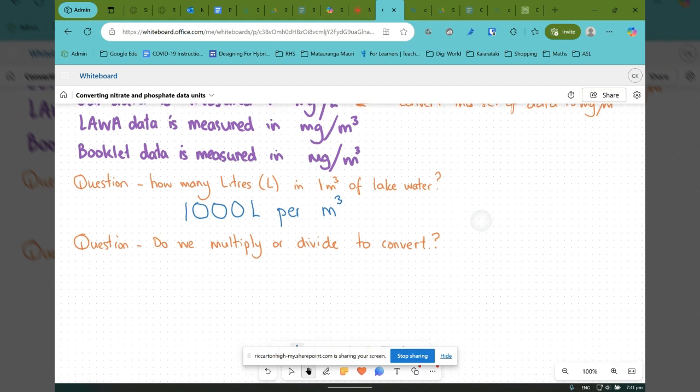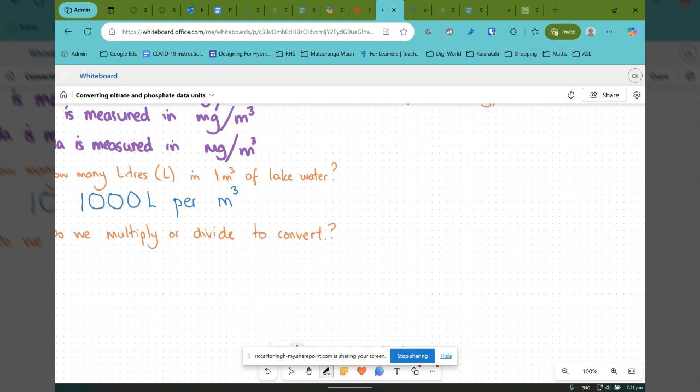So if I can just take you aside for a minute and get you to think about a cubic metre of water. If you've got a metre ruler and you went down to the lake and you cut out a cube that was a metre by a metre by a metre, there are 1,000 blocks of 1 litre inside that cubic metre.